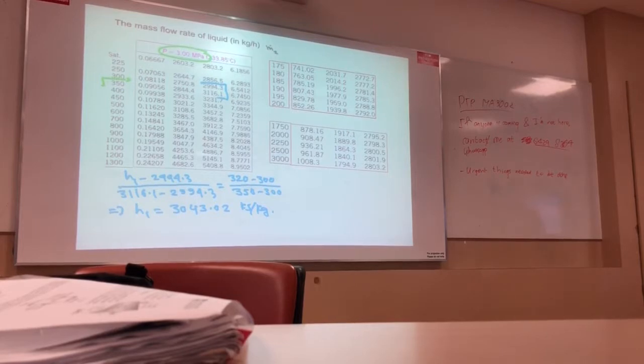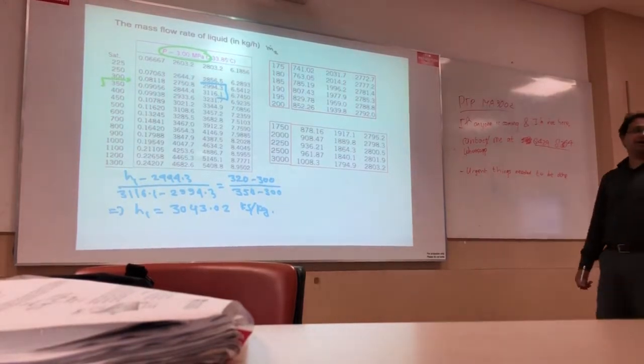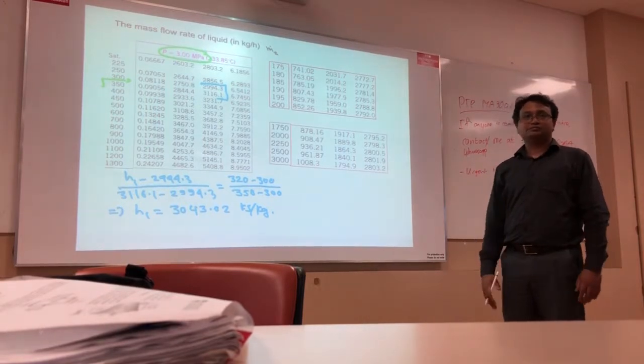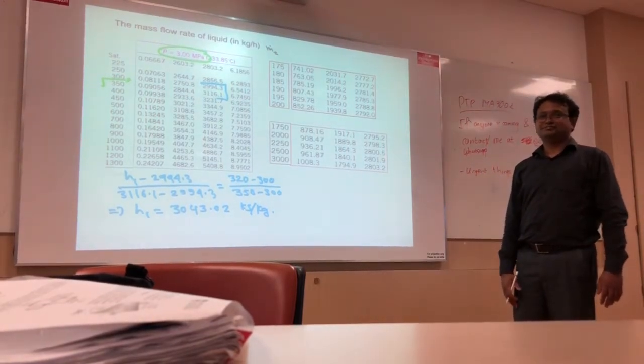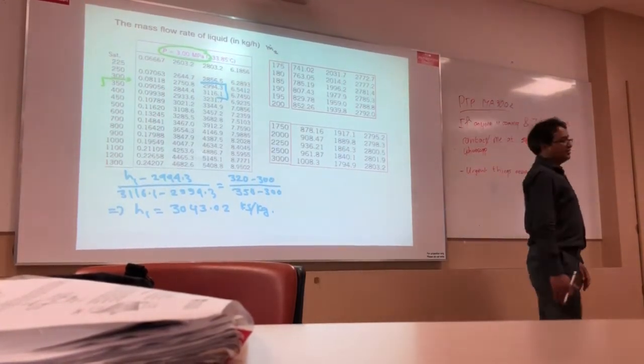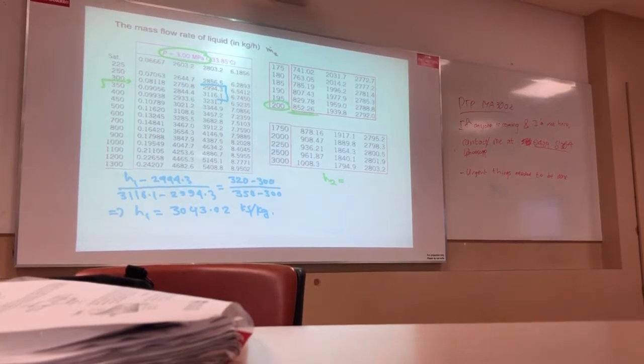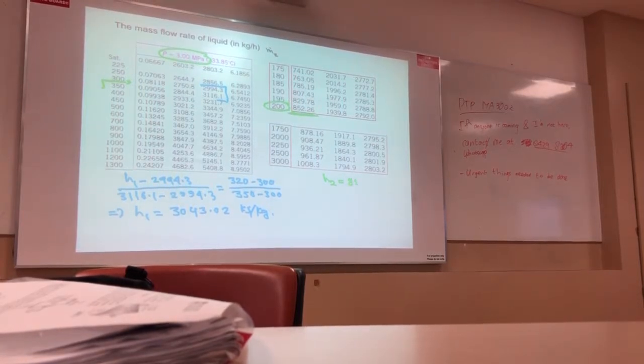I show you here because in the quiz, many people do not do this. I show you here again, so do more practice. So h1 I get it. What is h2? h2 at 200 degrees Celsius, this is hf, that means 852.26.